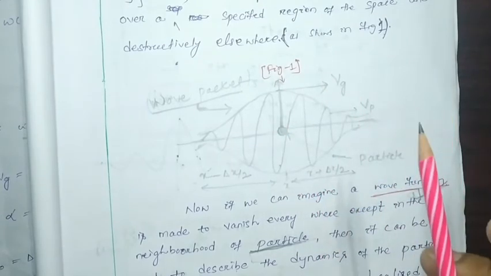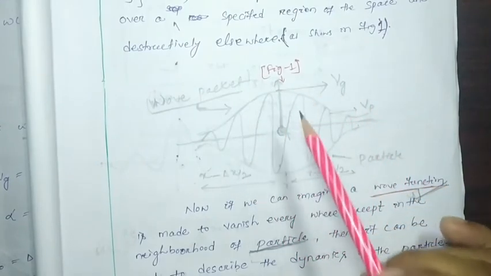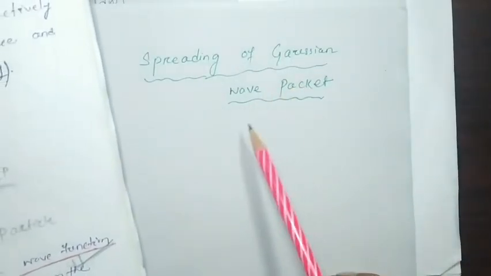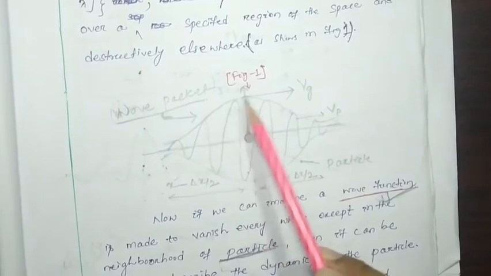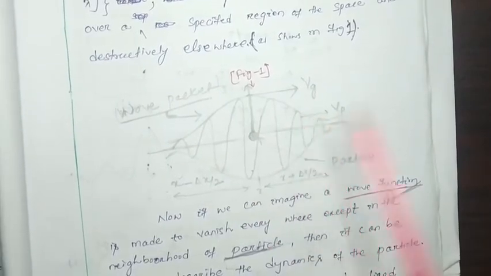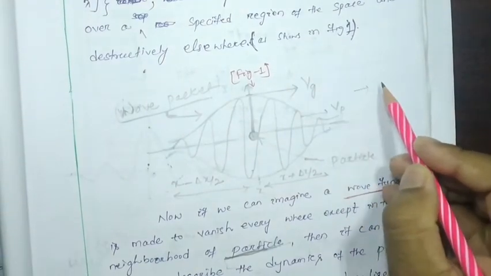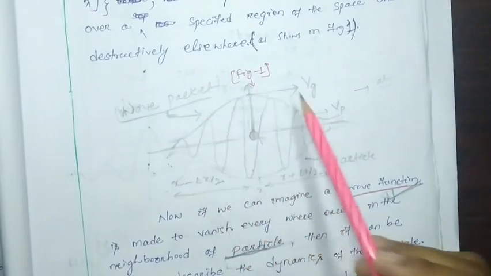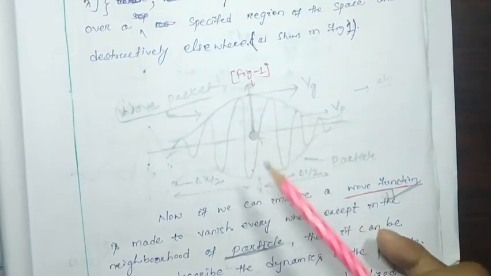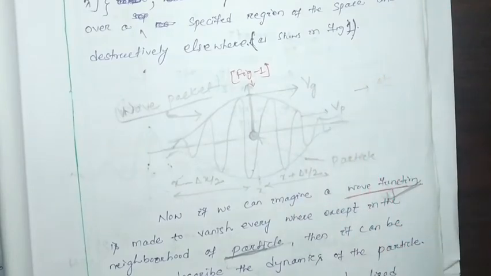Again I repeat, in this topic, the spreading of the Gaussian wave packet, we discuss whether the wave packet moving along the x-axis, only along the x-axis, has its shape changed or not.